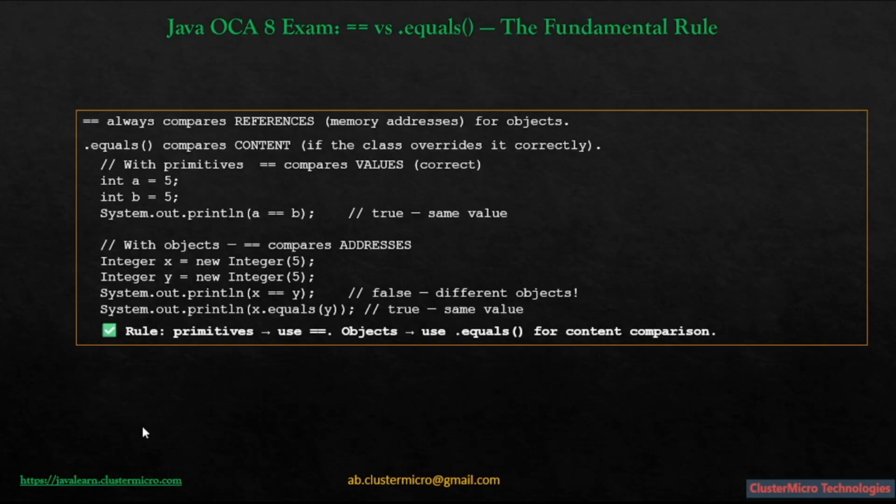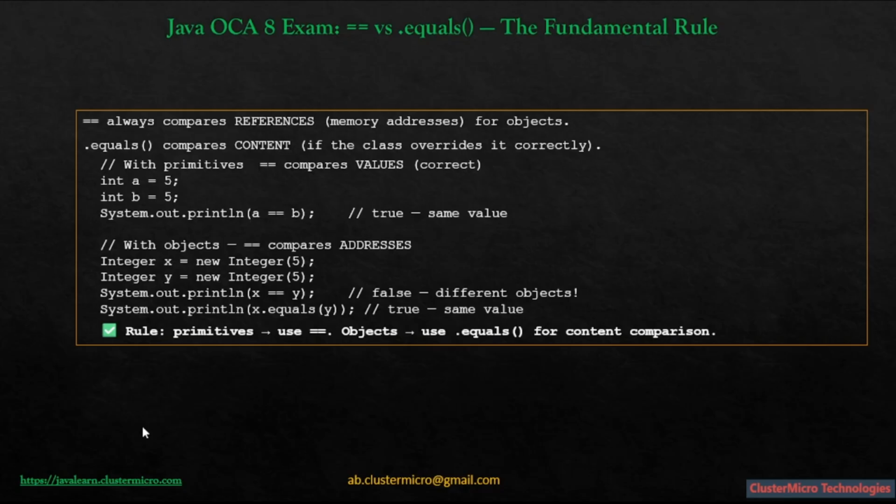For objects, however, == does not compare the content of the objects. Instead, it compares their references, meaning the memory addresses where the objects are stored. If you create two separate Integer objects that both contain the value 5 and they are stored in different locations in memory, as a result, == will return false, even though the values inside the objects are the same.